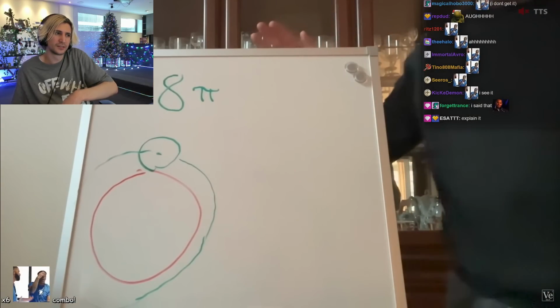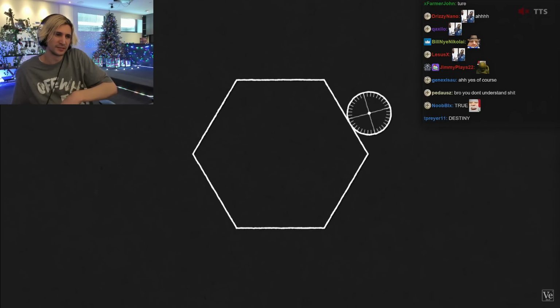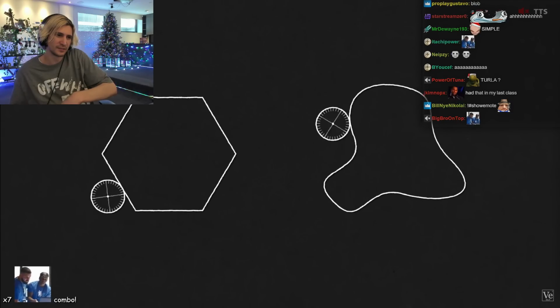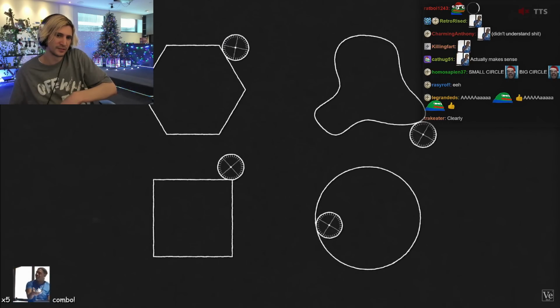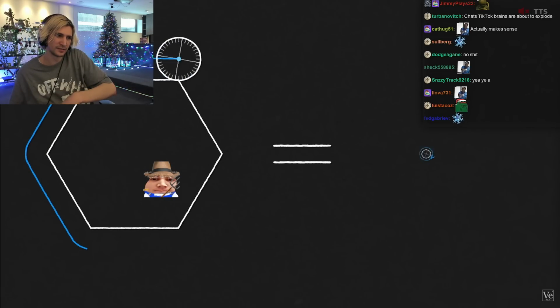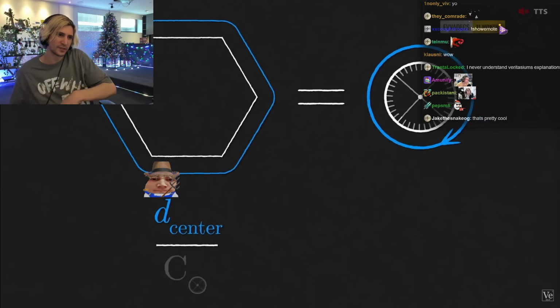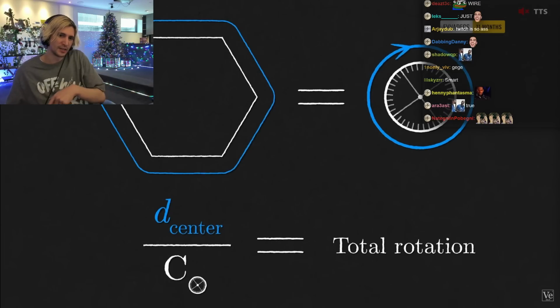And this is always true. Take a circle rolling without slipping on any surface, from a polygon to a blob, on the outside or the inside. The distance traveled by the center of the circle is equal to the amount the circle has rotated. So just find this distance and divide it by the circle's circumference to get how many rotations it's made.